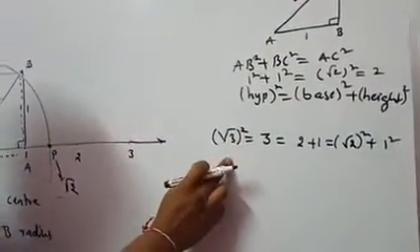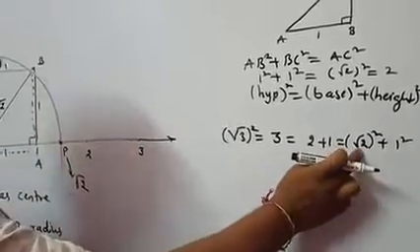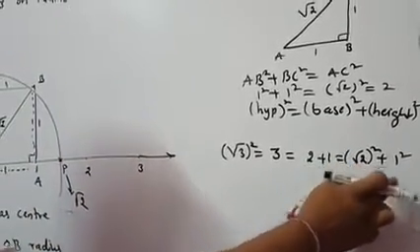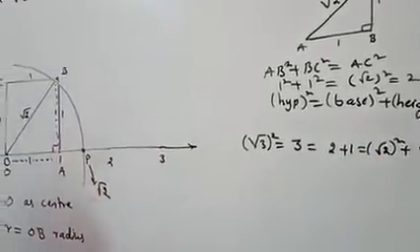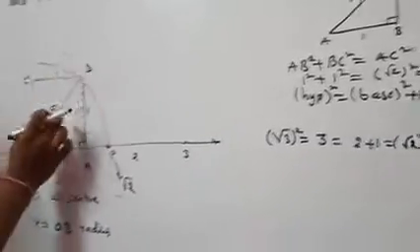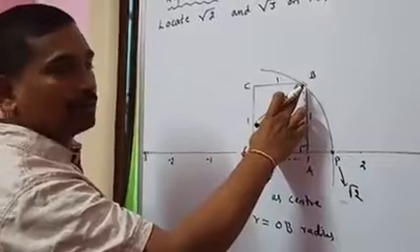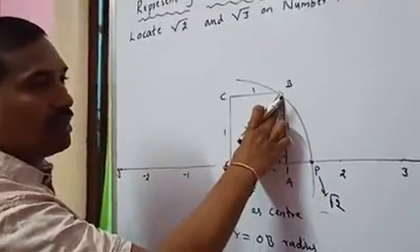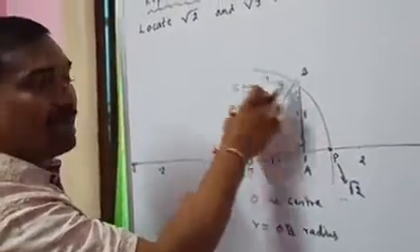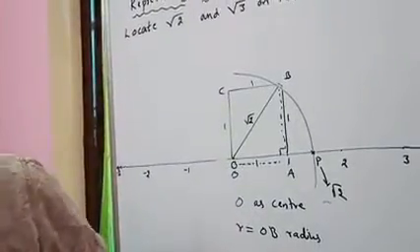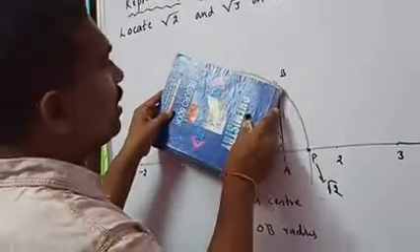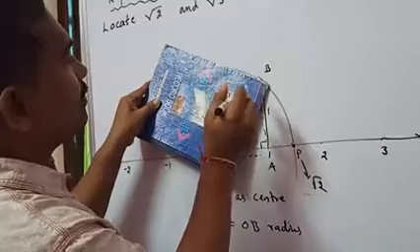Now take the right angle triangle. Root 2 is the base and 1 is the height. Again, take 1 unit length of perpendicular.